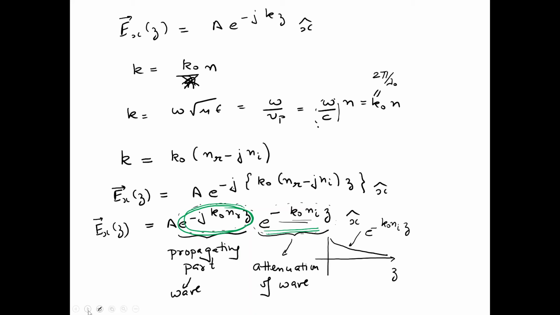To understand this, let's see what E(z,t) would look like. Let's say I want to look for the cosine solution.